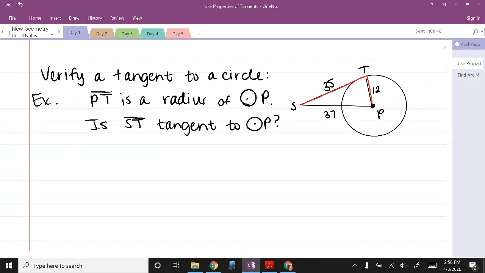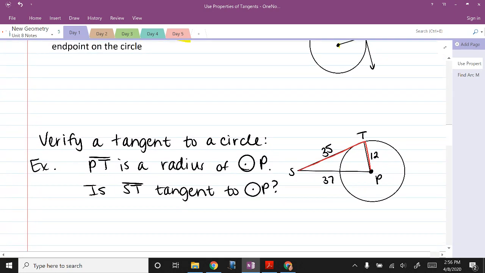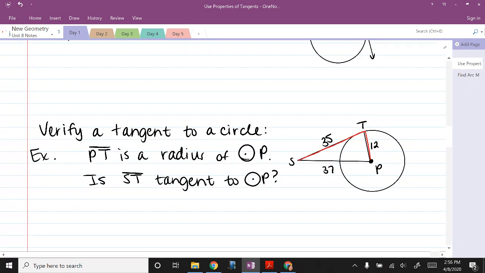Well, that theorem that I just talked about told me if it is tangent, then it's perpendicular to this radius. Well, what does it look like I've just drawn there? It looks like I have drawn a right triangle. So if this is a right triangle, then the Pythagorean theorem would be true.